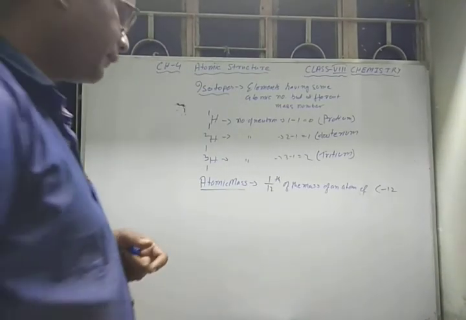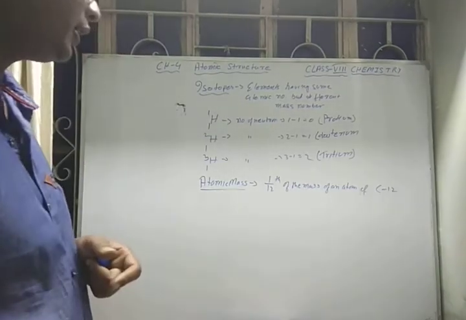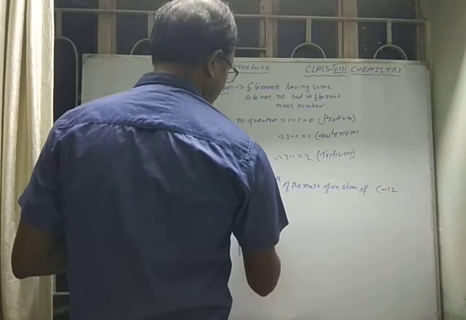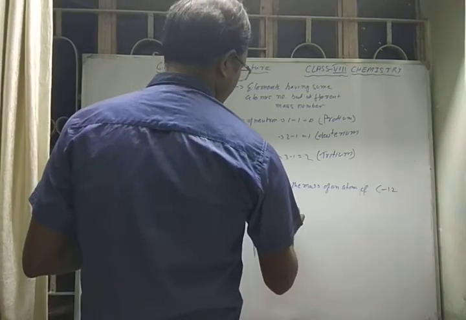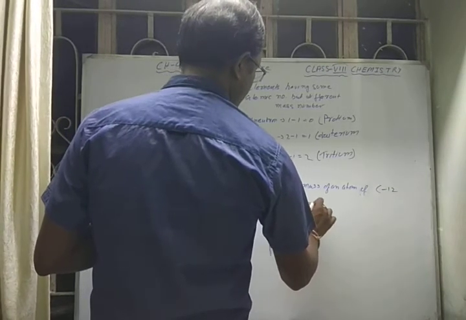The mass of an atom of an element is measured in a unit called AMU, atomic mass unit.